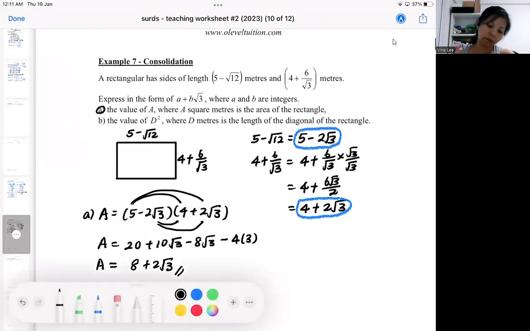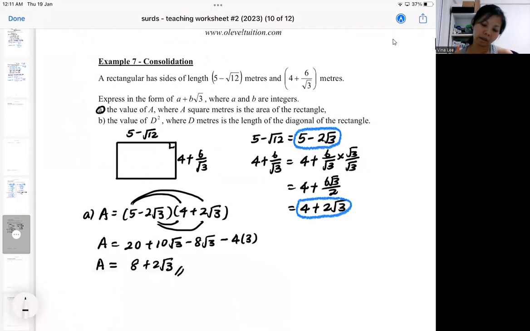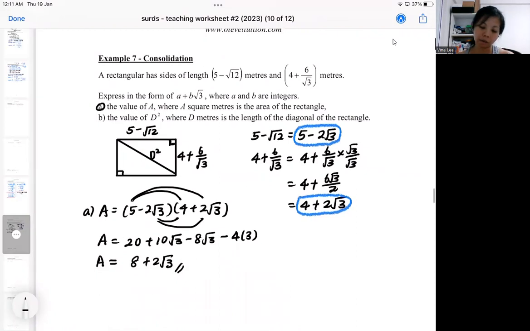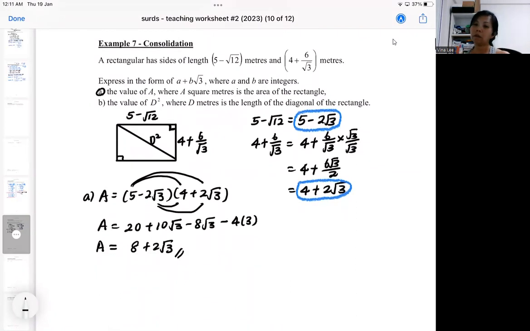The next one is d squared. They say d squared is the diagonal squared. Don't forget, a rectangle has a lot of 90 degrees, so in order to get d squared, it's the Pythagoras theorem. Again, if you never simplify, squaring is actually a bit complicated with a fraction.